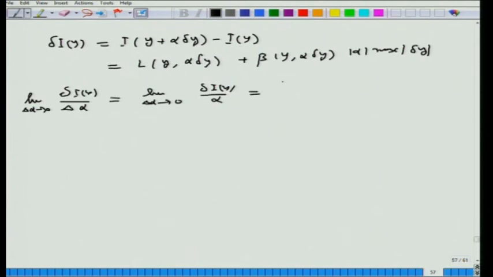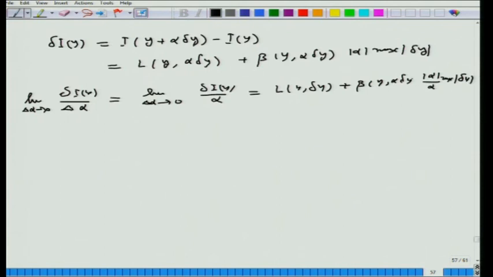And since this L is linear, we see that this will give you L y delta y plus beta y alpha delta y, times alpha over this maximum mod delta y.